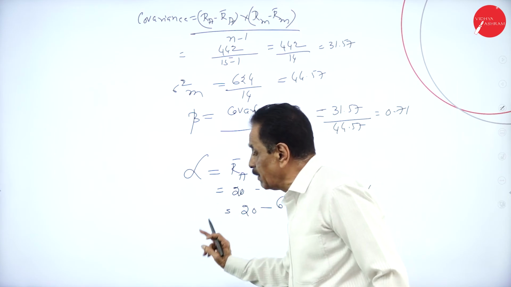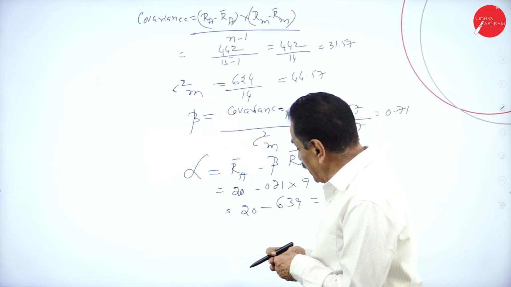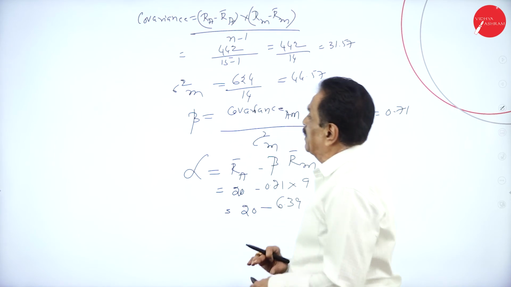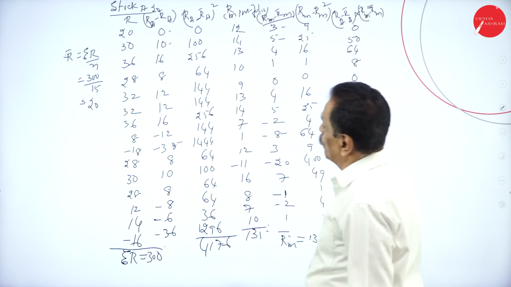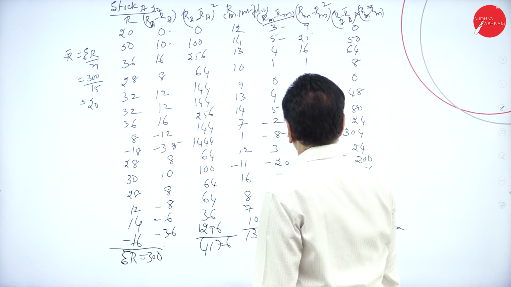Covariance, beta and alpha you have calculated. So far in the previous problem, we were calculating the standard deviation. How are you going to calculate standard deviation?